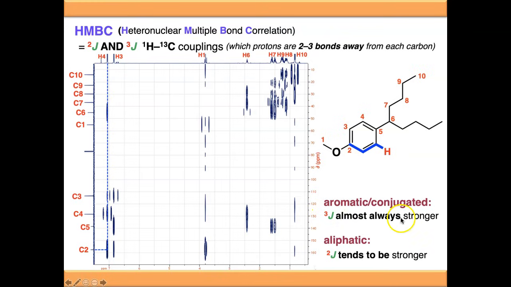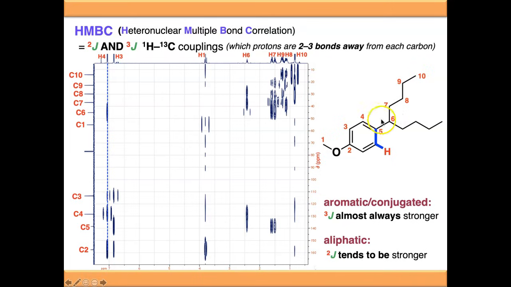So the 3J is the strong coupling in the aromatic system. By comparison, its coupling to carbon 3, which is actually closer, is a 2J coupling, and you can see the signal is very weak indeed. That shows you that the 3J coupling is stronger in the aromatic system than the 2J.